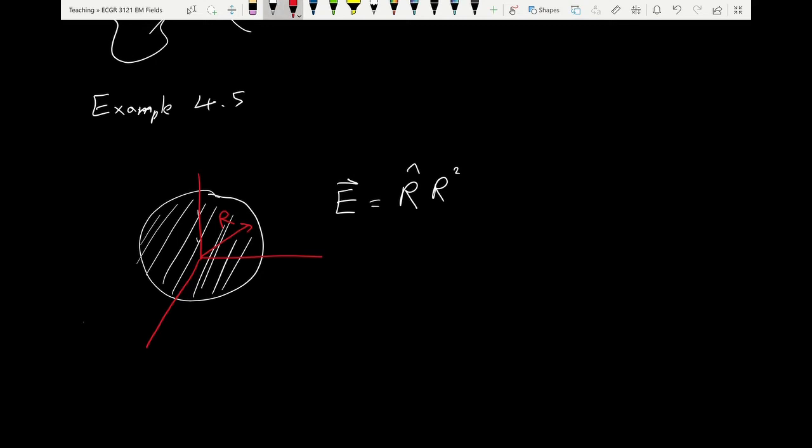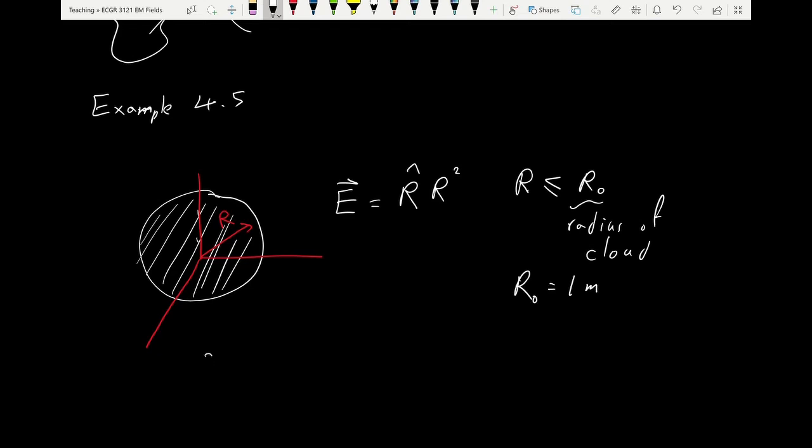So we know this is what the field looks like, and this is for r less than or equal to r naught, where r naught is the radius of the cloud, and r naught is 1 meter.